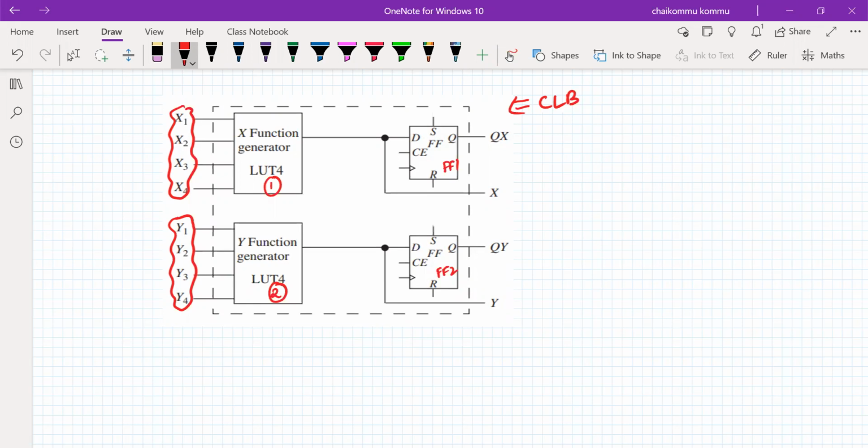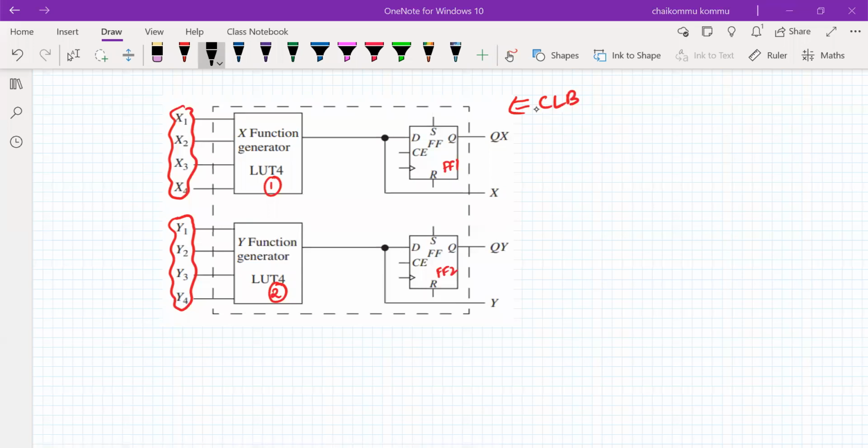What is the size? So for the 4 input, 8, not. Any guess? Any other guess?